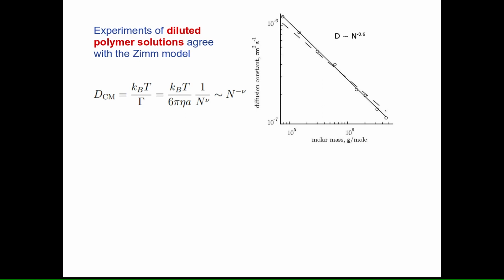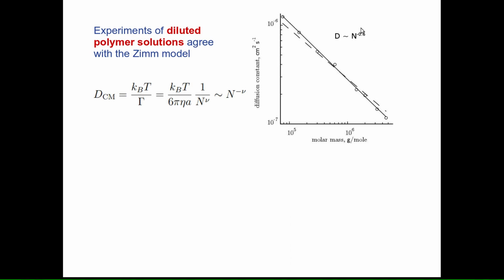People have done experiments and measured the diffusion coefficients of the polymers as a function of the molar mass, which is proportional to the length of the polymer. The Zimm model with hydrodynamics predicts, as we have seen, that the diffusion coefficient of the center of mass scales as 1 over n to the power nu. And this law is very well verified in experiments.